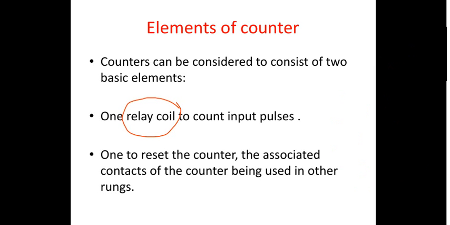Very similar to that, here, one is to count, and the other is to reset the counter, with the associated contacts of the counter being used in some other rungs, right? One is used in one rung, that is, a relay coil or something like that. The resetting operation takes place by virtue of another coil, which could be located there itself or in some other rungs also. Generally, they are located in other rungs.